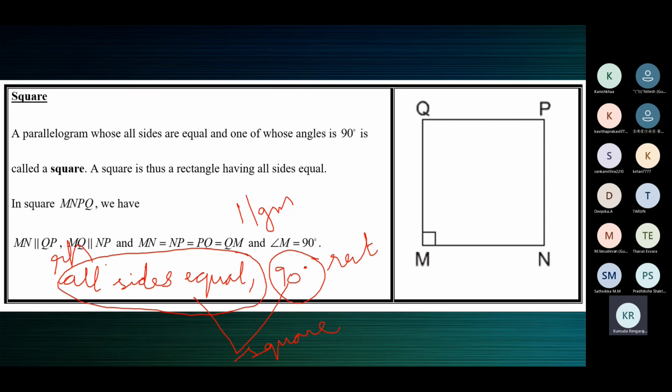When you're asked to define a rhombus, you must say a parallelogram in which all sides are equal is a rhombus. A parallelogram in which one angle is a right angle is a rectangle. A parallelogram in which all sides are equal and one angle is a right angle is a square.